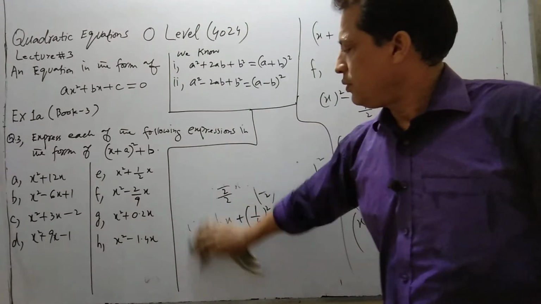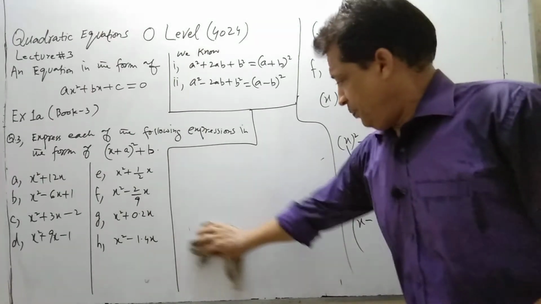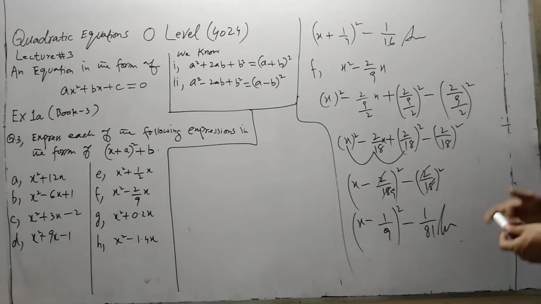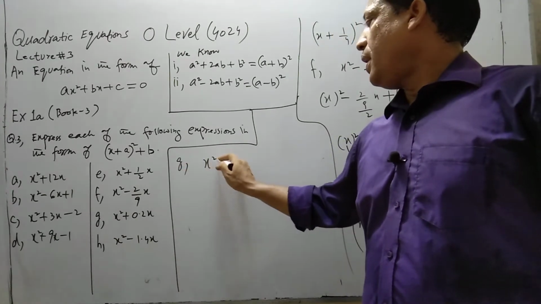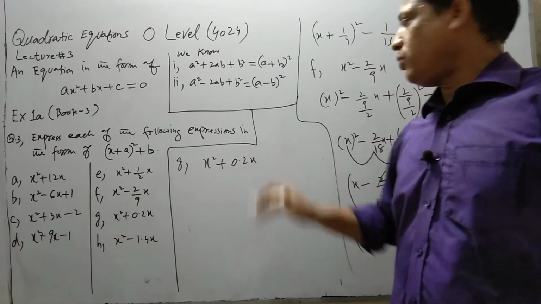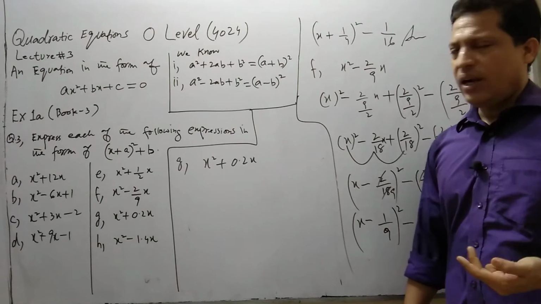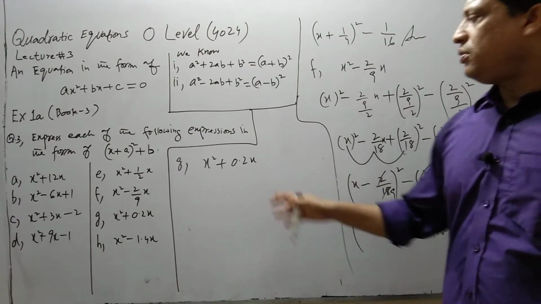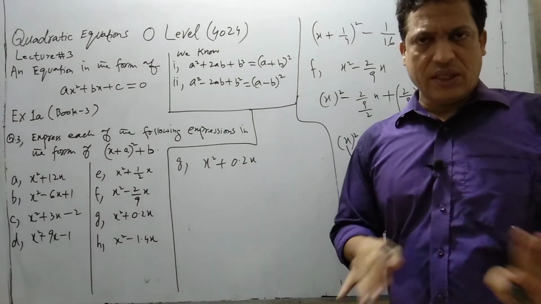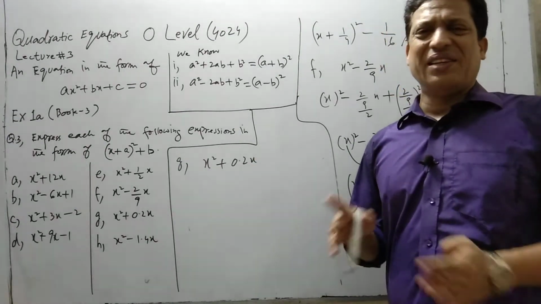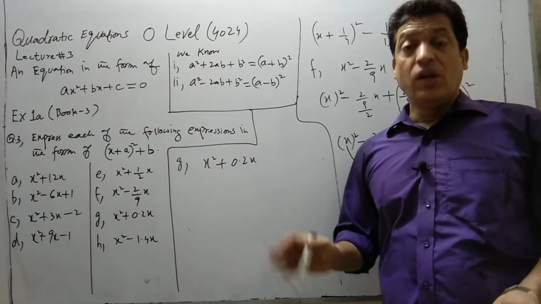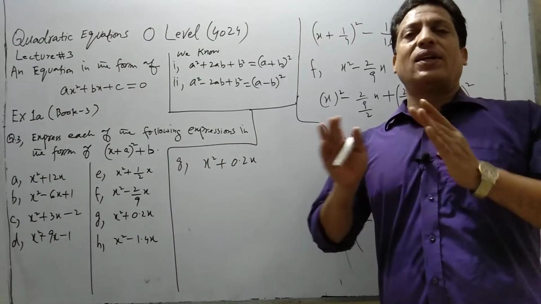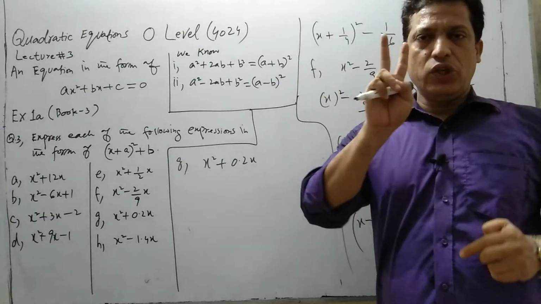Next part. Next part is G. X square plus 0.2x. Student, I already told you there is no concern whether the coefficient is in fraction form, whole number form, or decimal form. You always divide the coefficient of x by 2.